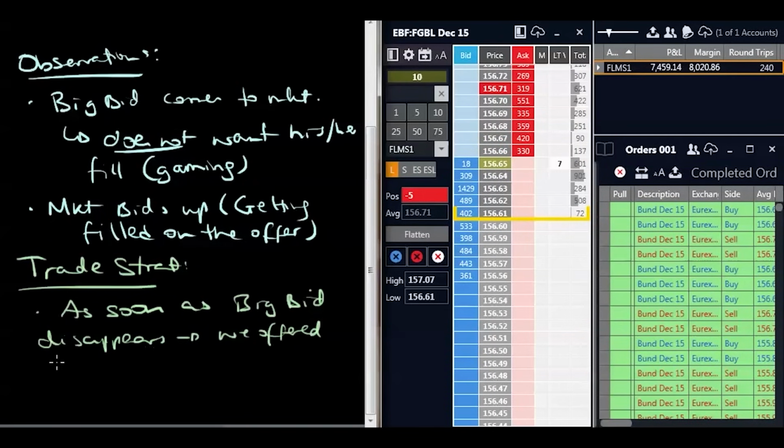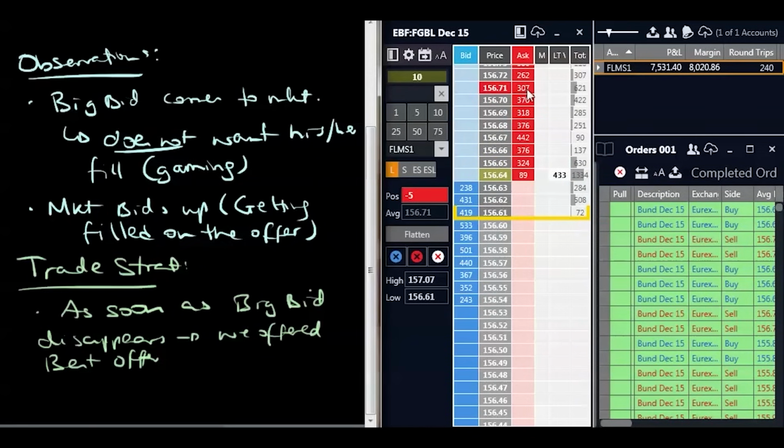So we offered the best offer. We're not looking to get short above where the market's trading. We're trying to get short offered at 71s. If we didn't get filled at 71s, we should be hitting the market aggressively at 70s. So that's one key factor.